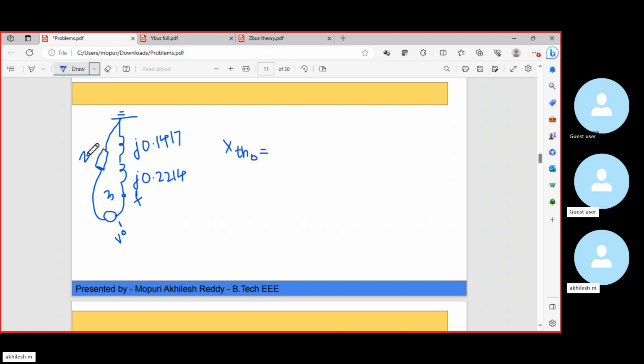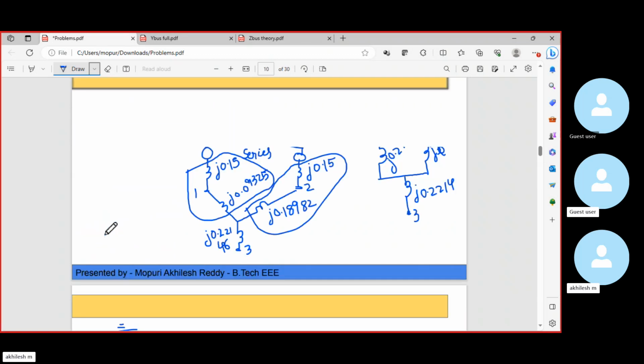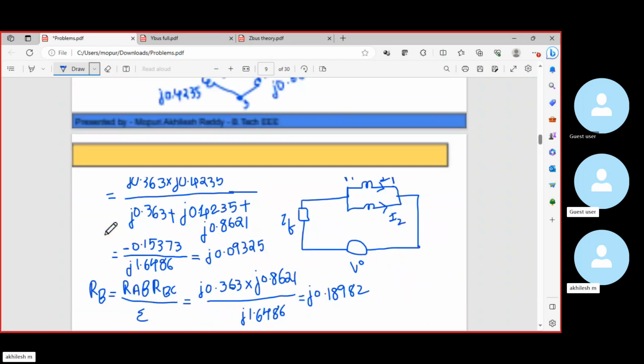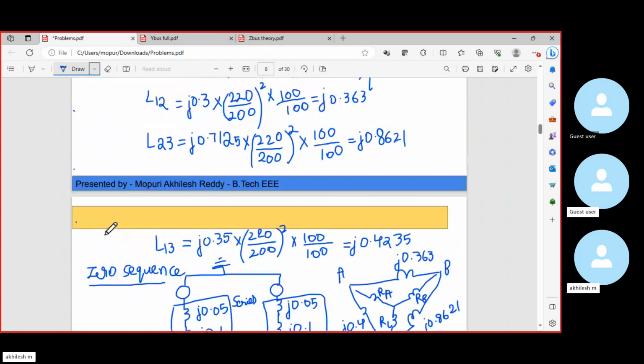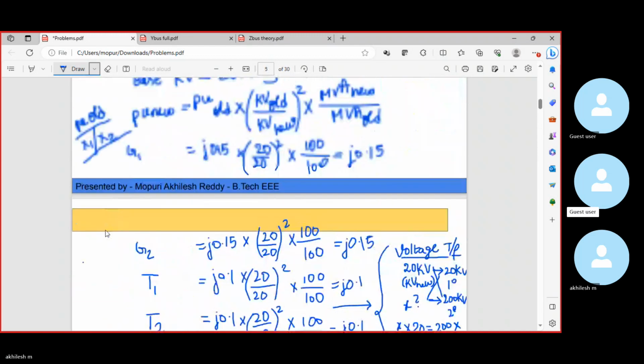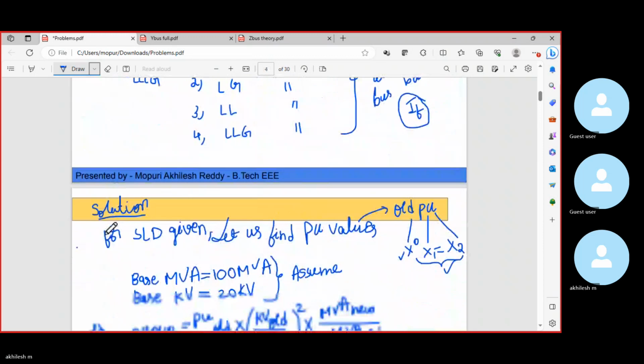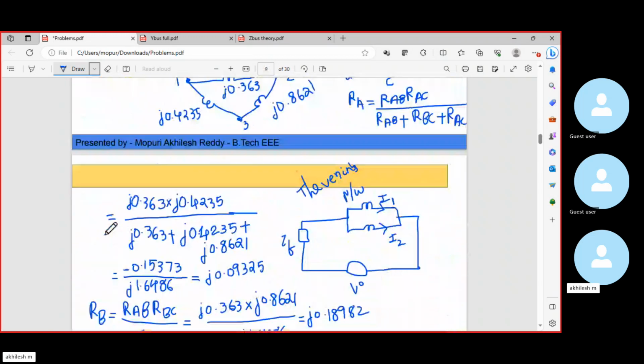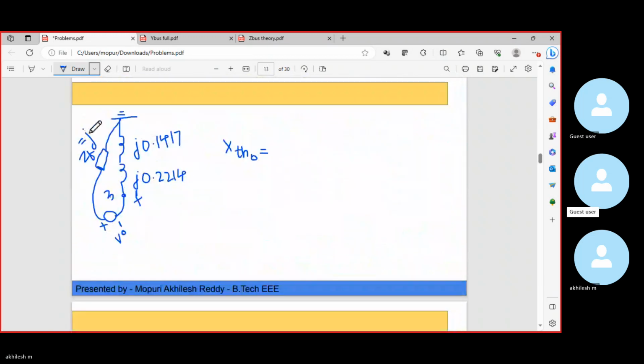This is ZF. And in the question, they have given ZF as Z1 per unit.